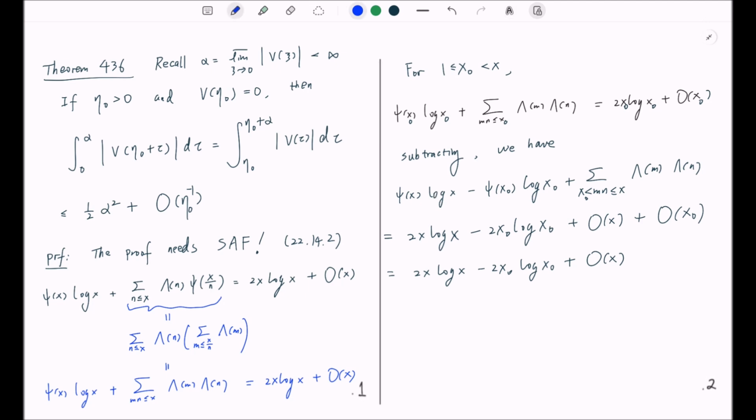And now, observe that psi of x and log of x are both monotonically increasing, and they are non-negative. And this part is always non-negative. So we have the following relation.